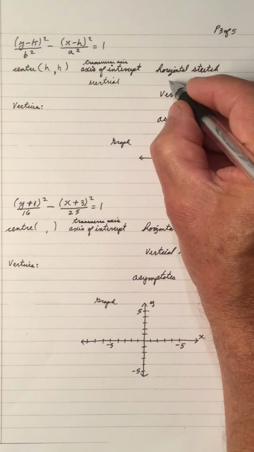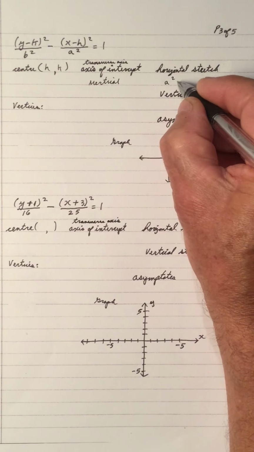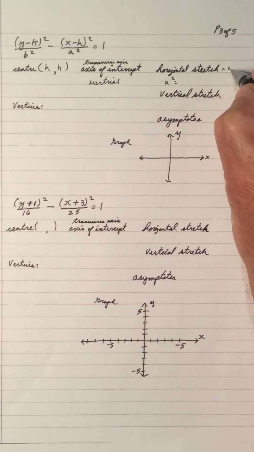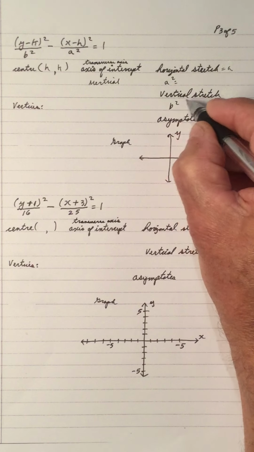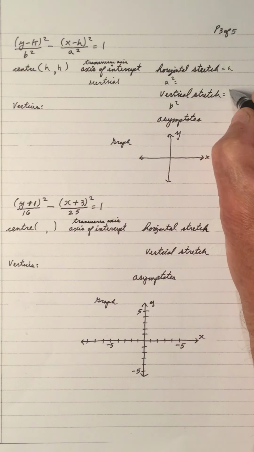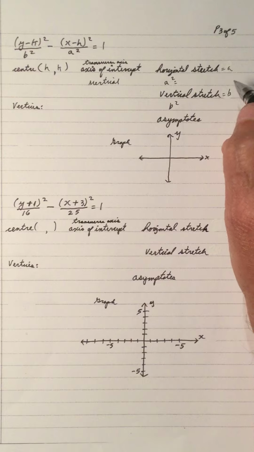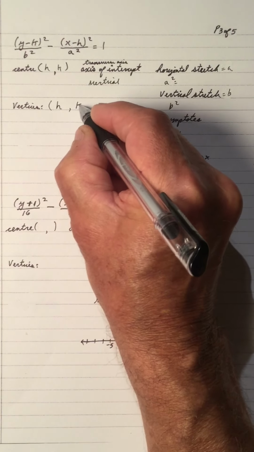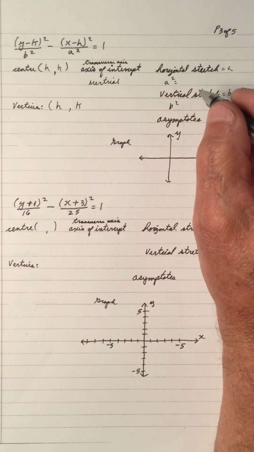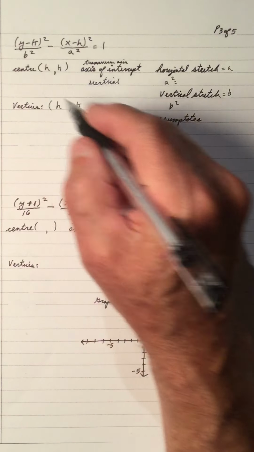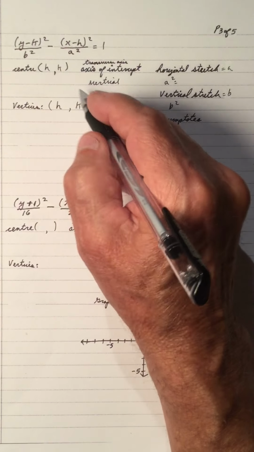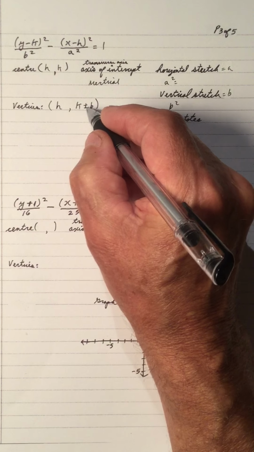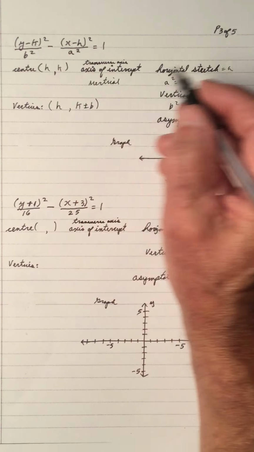The horizontal stretch is still a squared. Horizontal stretch is a. The vertical stretch is the b squared, and take the square root, so it is b. And the vertices, again, the center is h, comma k, but because the stretch is vertical, up and down, we add the plus and minus b to the y coordinate of the center.